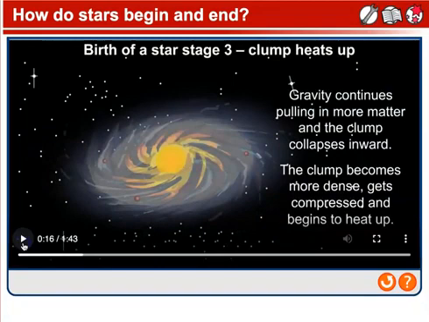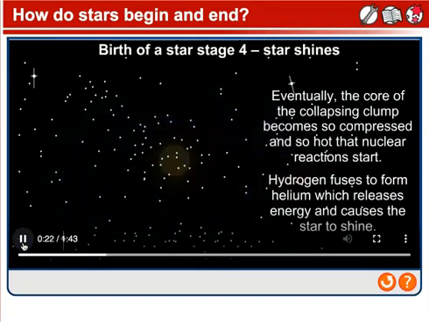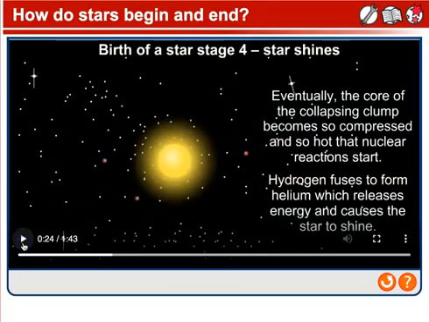Gravity continues pulling in more matter, and the clump collapses inward. The clump becomes more dense, gets compressed, and begins to heat up. Eventually, the core of the collapsing clump becomes so compressed and so hot that nuclear reactions start.